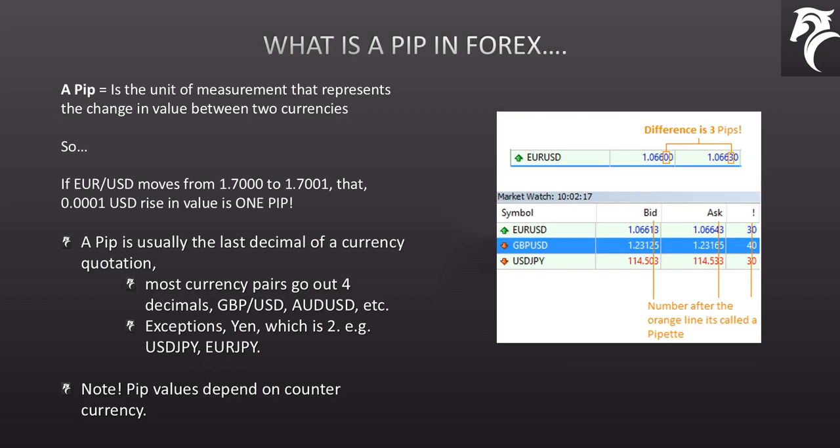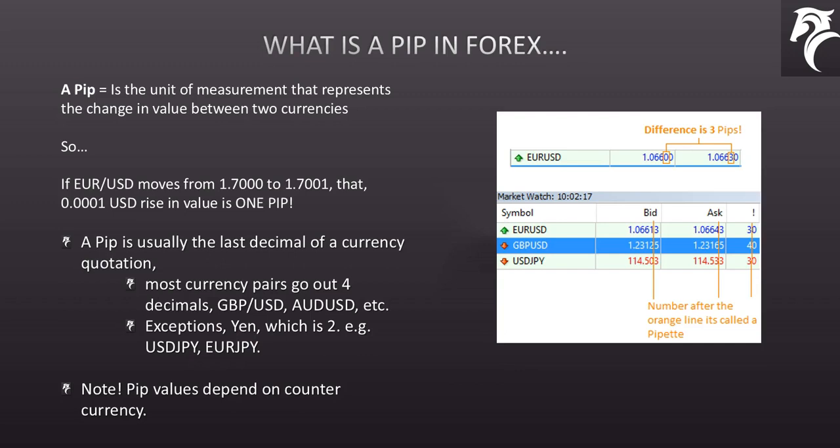So if euro-dollar moves from 1.7000 to 1.7001, that is mathematically a 0.0001 dollar change in value, which represents 1 pip.